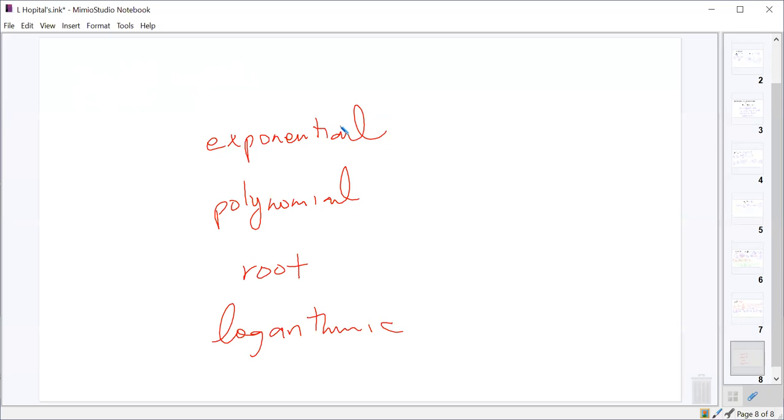And what's faster than exponential functions? Nobody knows? Factorial functions, but you don't need to worry about those.